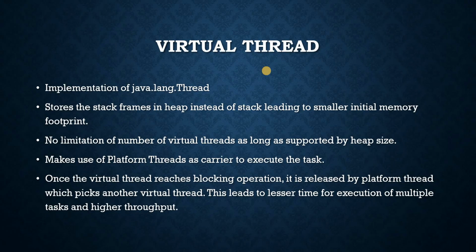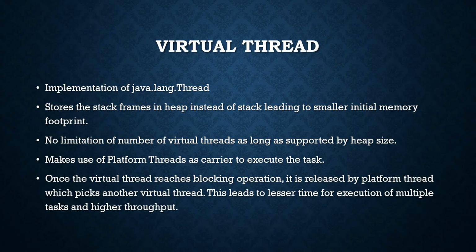And once any virtual thread reaches a blocking operation, the virtual thread unmounts itself from the platform thread, and the stack frame moves back from the stack area to the heap. Then the platform thread picks other virtual threads for execution. And this leads to a lesser time of execution of multiple tasks and higher throughput.